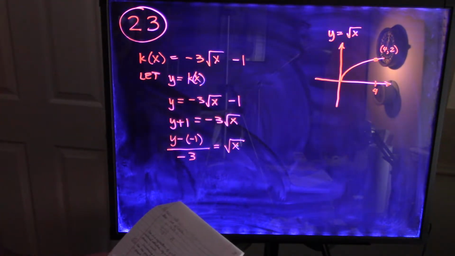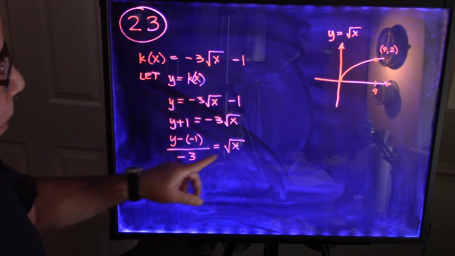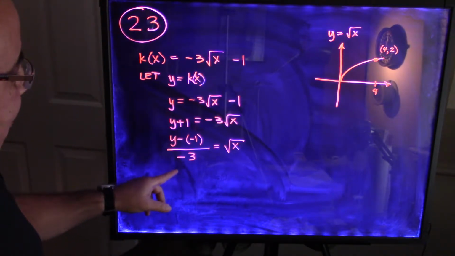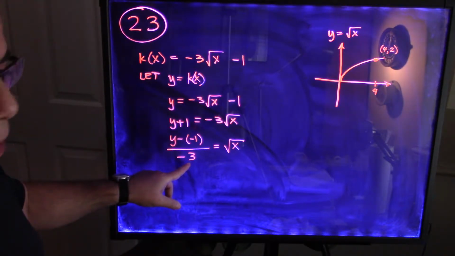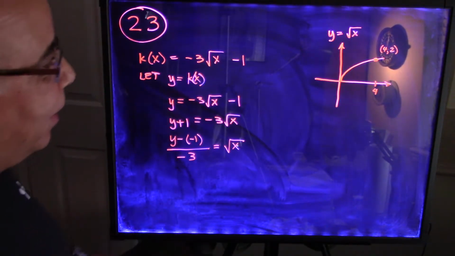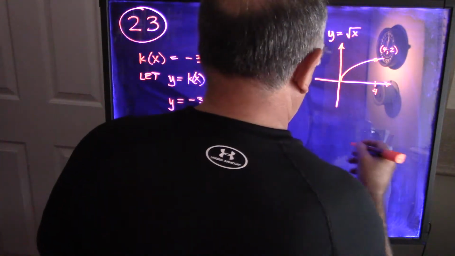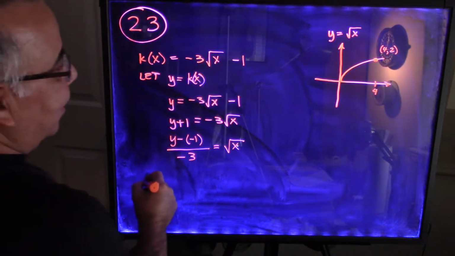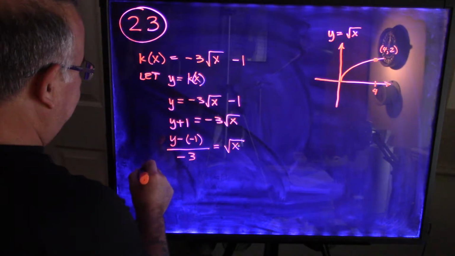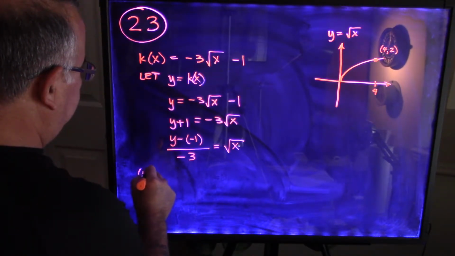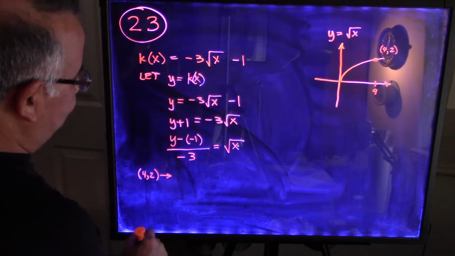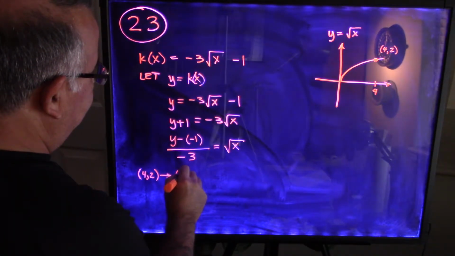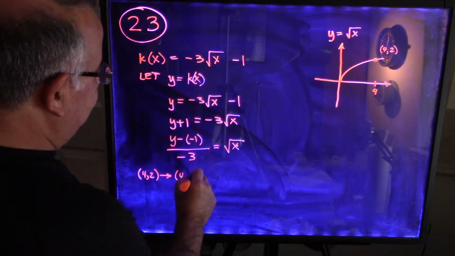So what happens to the point 4, 2? Since this is under the y, just multiply the y coordinate by -3. So the original point 4, 2 transforms to 4, and then negative 3 times 2 is negative 6.